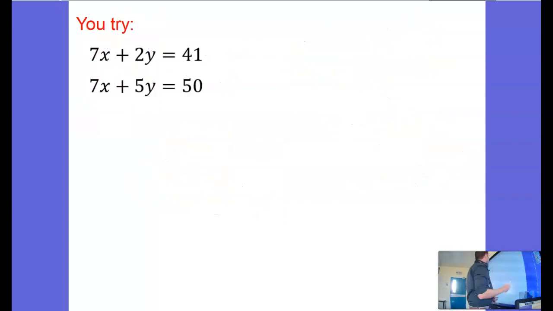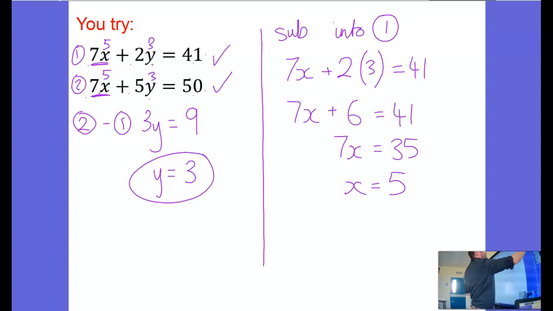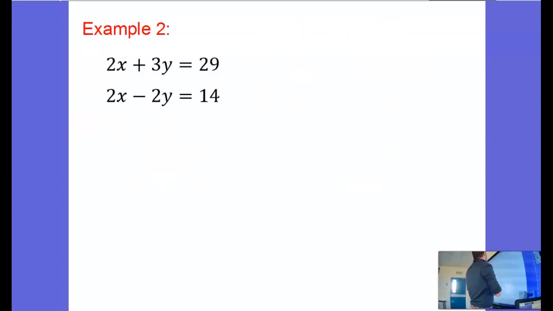Have a look at this next example. And here we've got to be a little bit careful. We're still going to subtract one from the other. But when we subtract here, we've got to be very careful. So I'm going to do equation 1 minus equation 2. 2x minus 2x is 0.